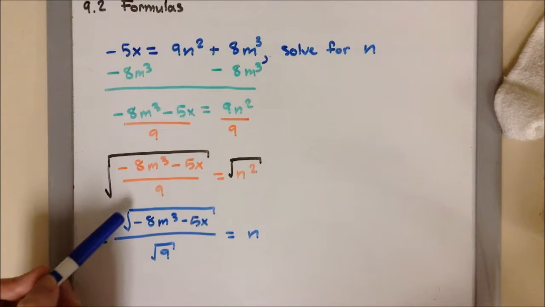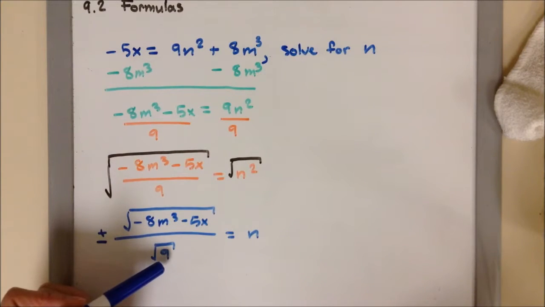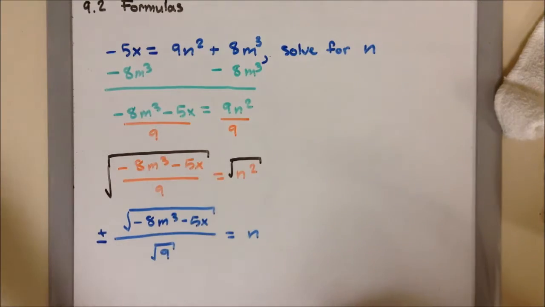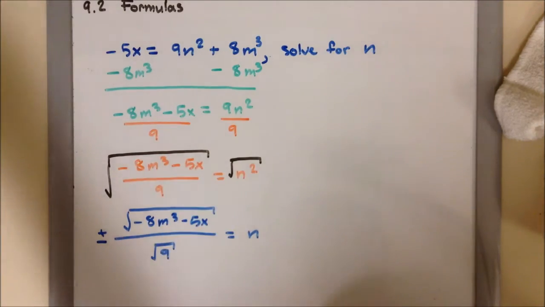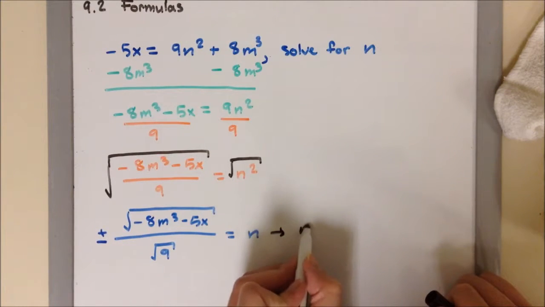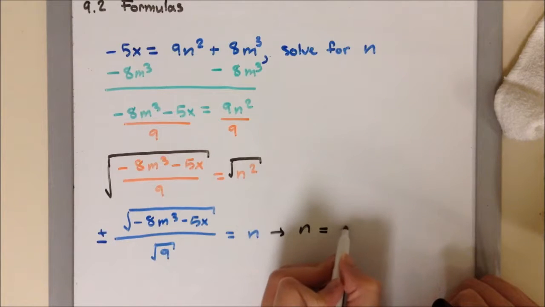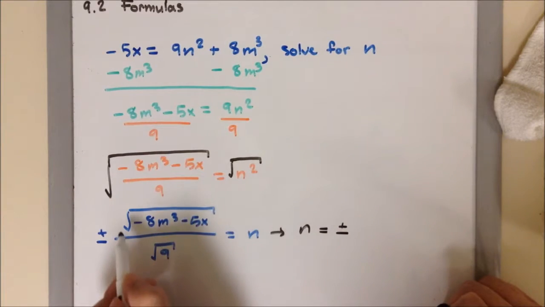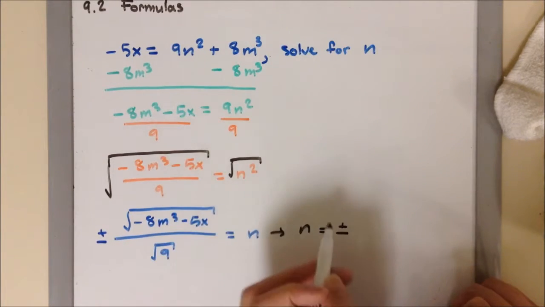Now the reason I wrote square root for the numerator and square root on the denominator is because you can do the square root of 9. So when you simplify, n will equal plus or minus. The top will stay the same because you can't simplify it.